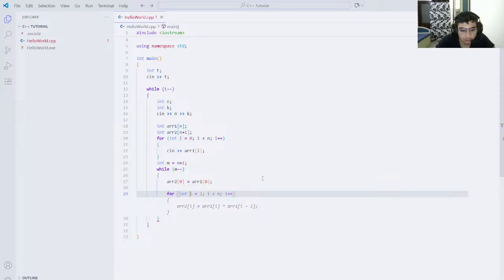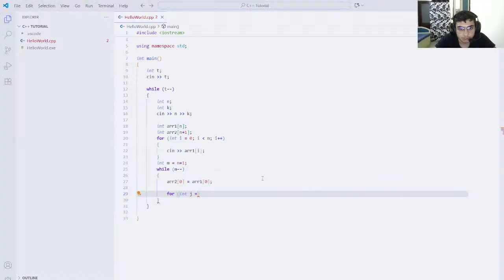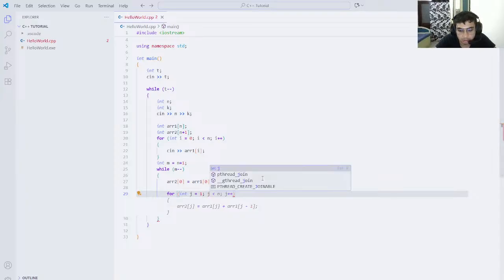Okay. And j is equal to 1, because I've already entered the value of 0, and j is going to be less than n. If I do it with n, then it is just going to keep reducing itself.